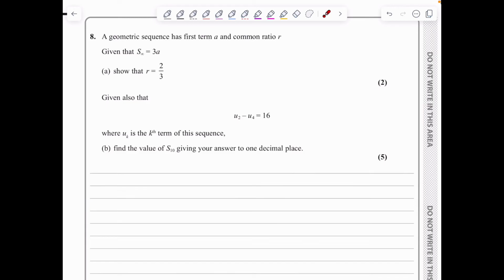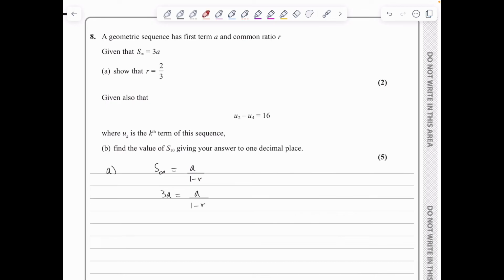In question 8, we've got a geometric sequence. First term is a, common ratio is r, and we are told that the sum to infinity is 3a, and we need to show that r is 2 over 3. Well, we know that the sum to infinity for a converging geometric sequence is given by a over 1 minus r, so that means we can substitute sum to infinity with 3a is equal to a over 1 minus r.